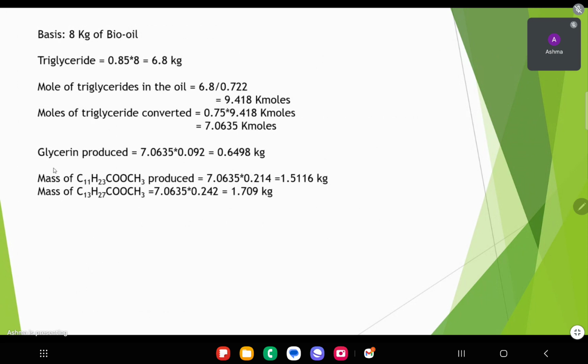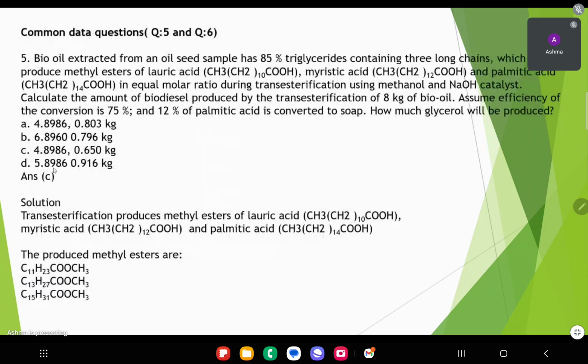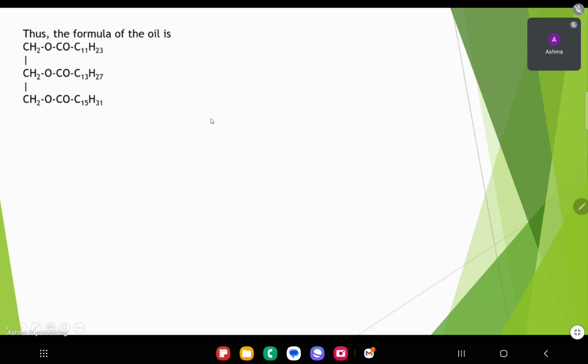Then for the next acid it is 1.709 kg, and for the last acid, palmitic acid, in the last statement it is given that assume the efficiency of conversion is 75% and 12% of palmitic acid is converted to soap. So 88% is converting to biodiesel and the rest is converting to soap.